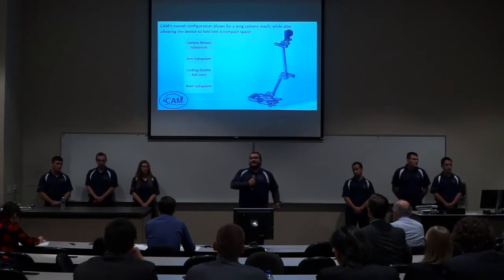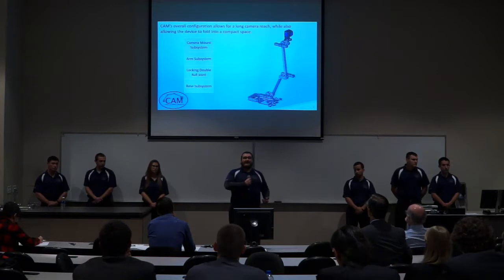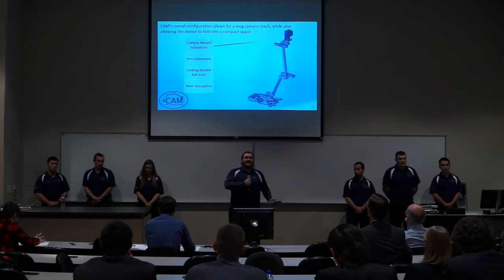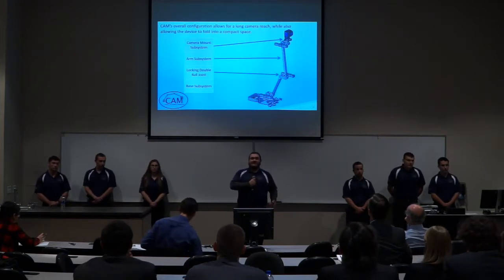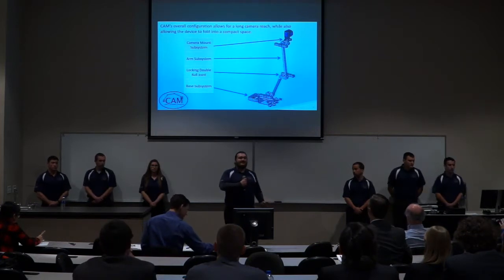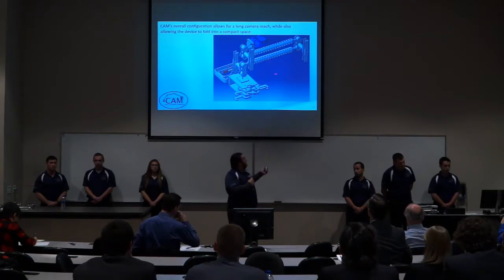So CAM's overall configuration allows for a long camera reach while also allowing the device to be compacted into a small space. CAM is comprised of four main components, namely the camera mount subsystem, the arm subsystem, the double ball joints, and the base subsystem. All four of these components comprise the entirety of CAM, and when stored are in the configuration that you can see here.